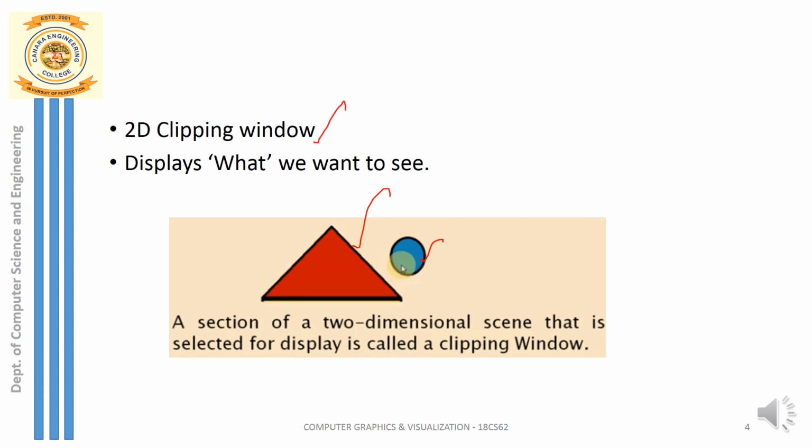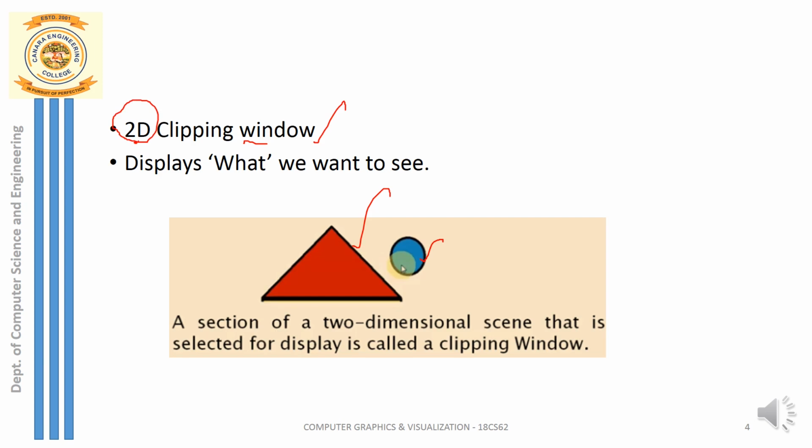My scene consists of a house-like figure and a blue circle. Out of that entire scene, I want only the desired portion, the top portion containing the triangle and circle. How do I get only that portion? For that, I require a clipping window, a two-dimensional clipping window.